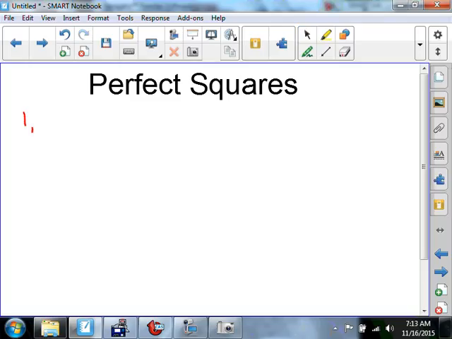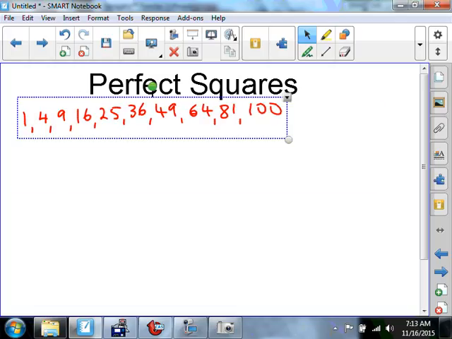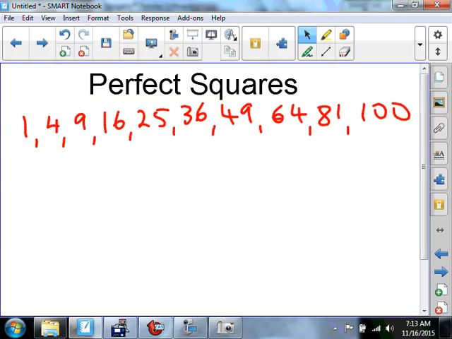So, of course, 1 is a perfect square, 4, and then 9, 16, 25, 36, 49, 64, 81, and 100. Those are the first 10 perfect squares. We're going to be looking to see if any of those numbers, more specifically anything bigger than 1, is a factor of the radicand. So it's important that you can quickly recognize perfect squares, and recognize them in the context of being factors of a number.